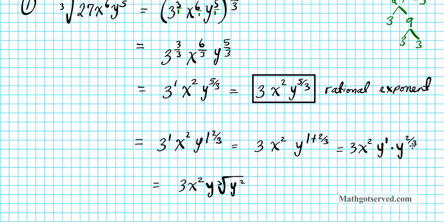Remember, the denominator is the root and the numerator is the power. So there goes your result as a radical. Okay? So this is the result in radical form. Let's write that down, radical form.